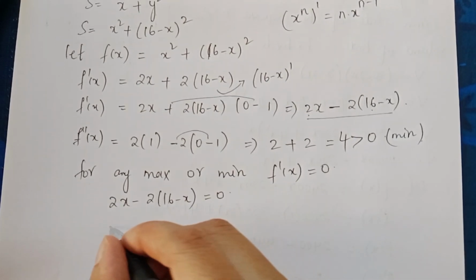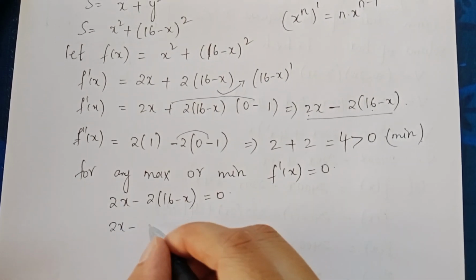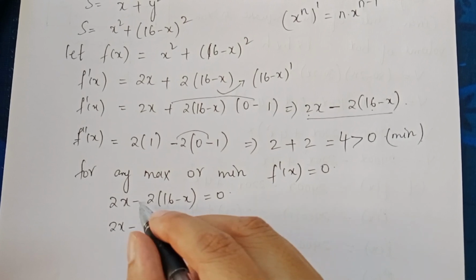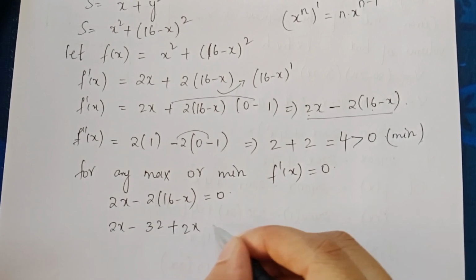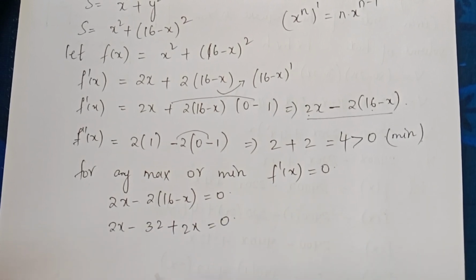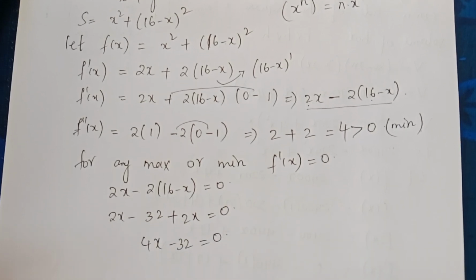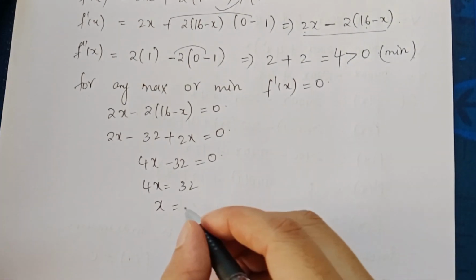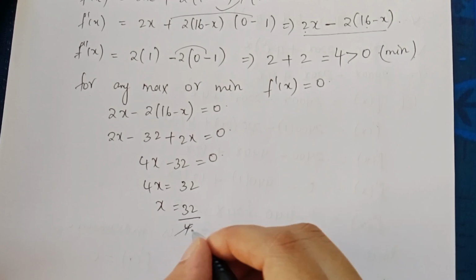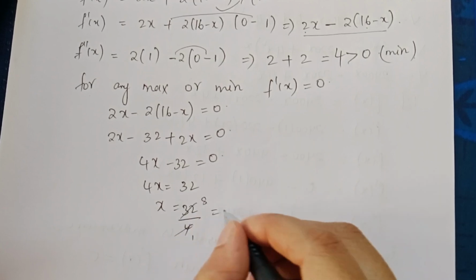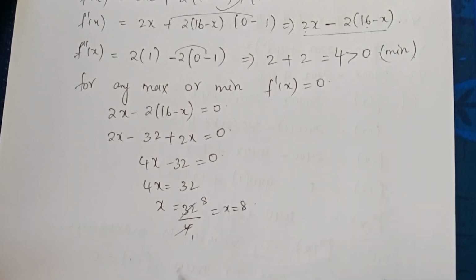Multiply 2 inside, so it is 2x minus 32, minus of minus is plus 2x, equals 0. 2x plus 2x is 4x minus 32 equals 0. Minus 32 goes to the other side, so it is plus, so x is equal to 32 by 4, 4 eights are 32, so x is equal to 8.